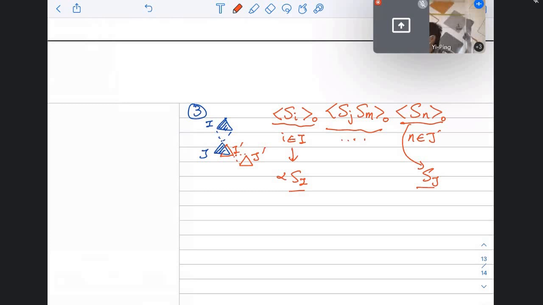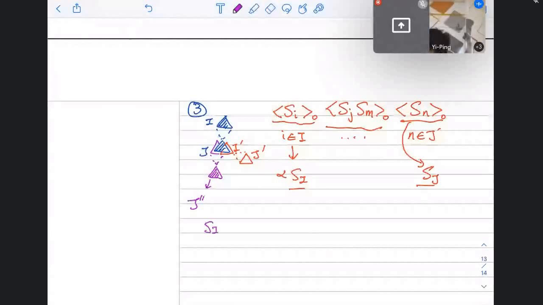So basically, that's one of the scenarios. But you can also choose another scenario. For example, you can have a triangle here, but the other triangle sitting at J double prime. So you will also have Si coupled to Sj double prime, and the red part will just give you something like Si coupled to Sj prime. On the block spin lattice, these two are basically further neighbor interactions. Okay.